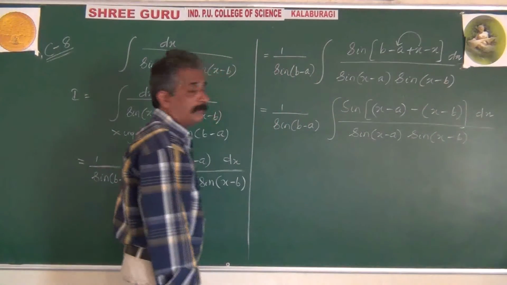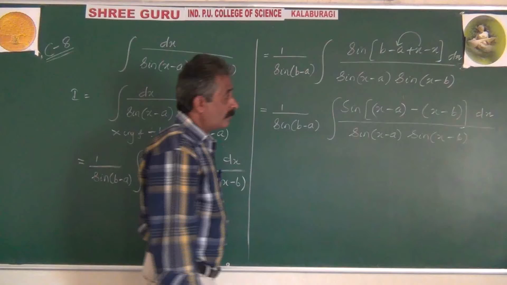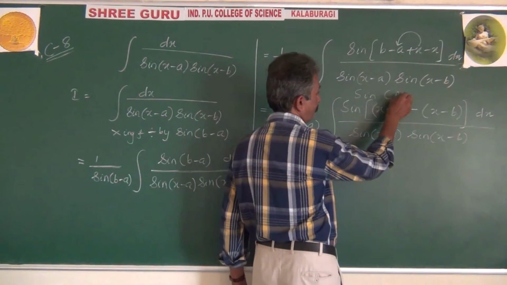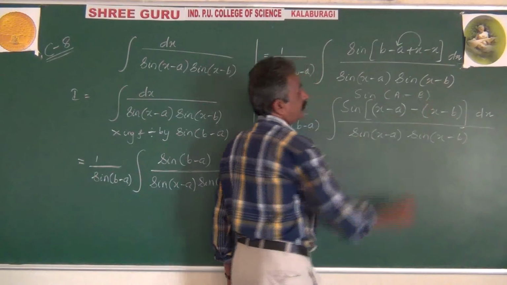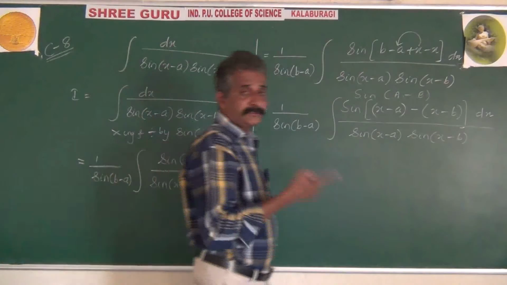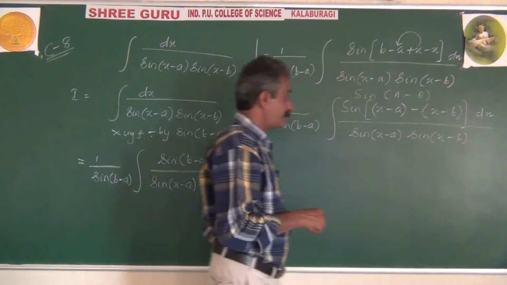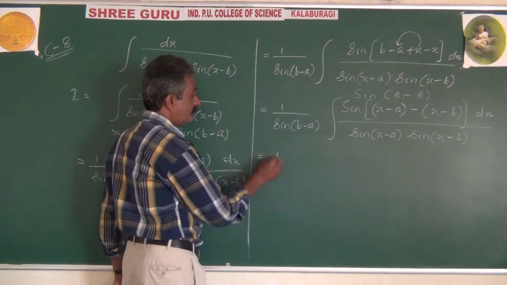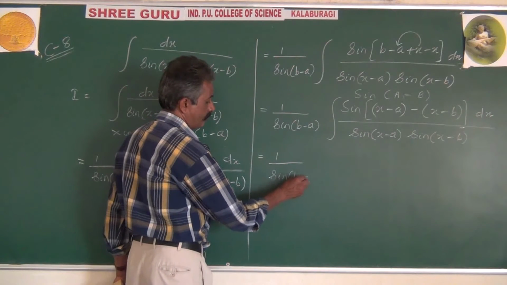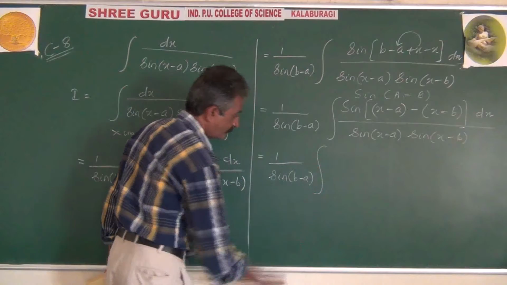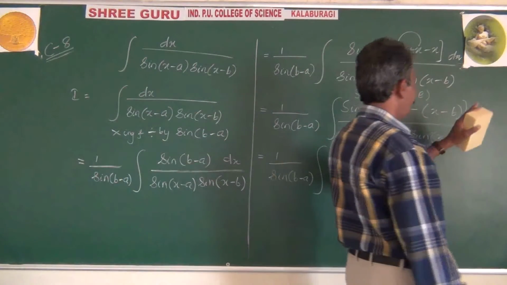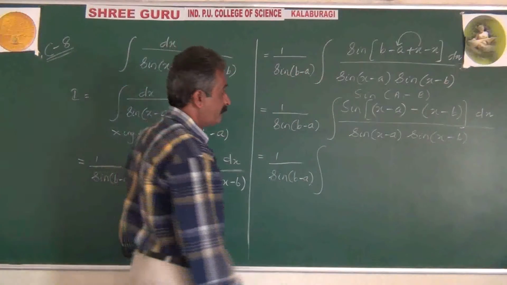Now the numerator is in the format of sin of a minus b, and the sin of a minus b formula is sin a cos b minus cos a sin b. So 1 divided by sin b minus a, integration. Let's use that compound angle formula.